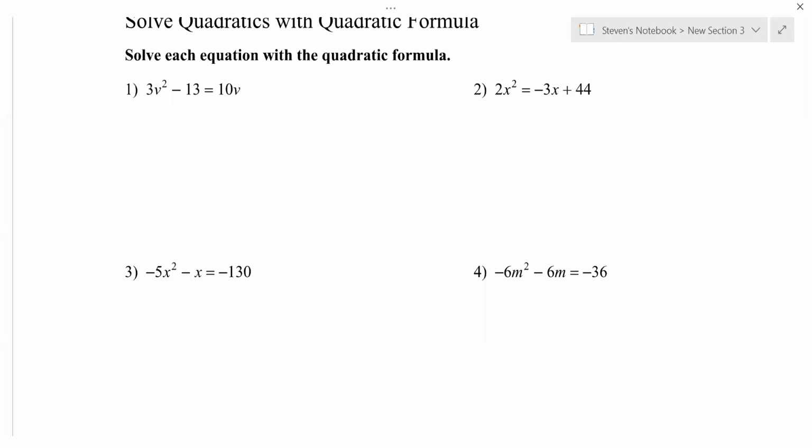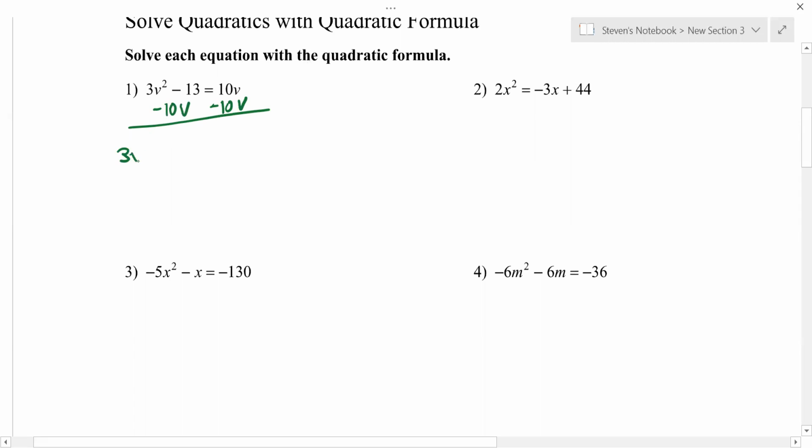So the quadratic formula. The first thing when we solve a quadratic is that it has to be in standard form. We want it in order and everything on the same side of the equal sign. You can see here in the first one, we want to move the 10b to the other side, so by doing the opposite, I'm going to subtract 10b from both sides first.